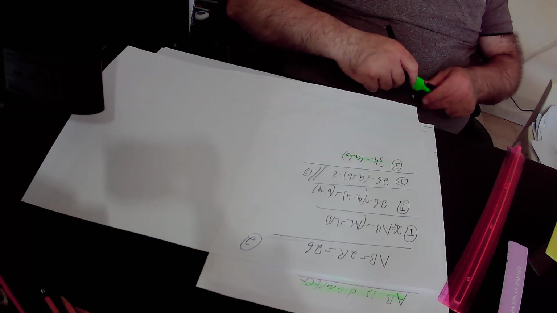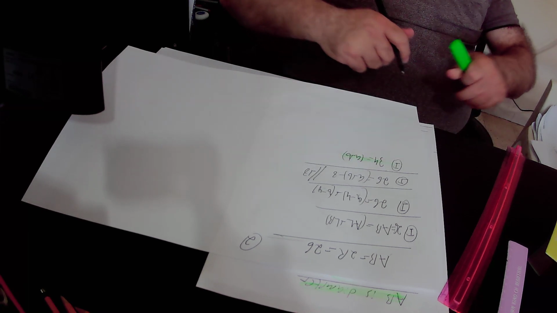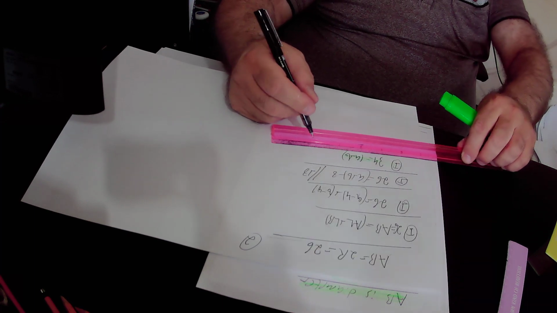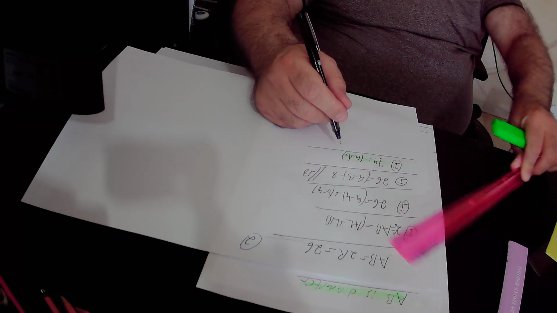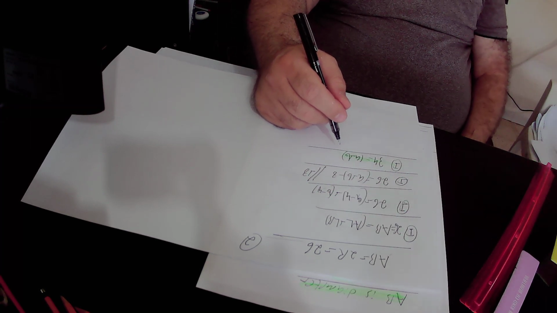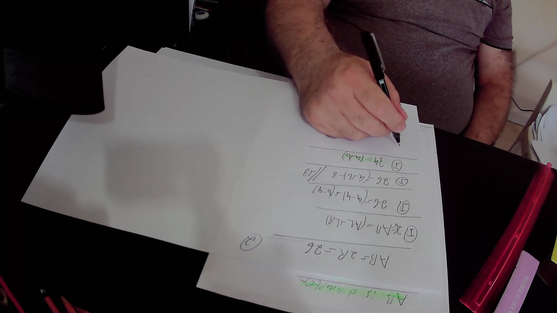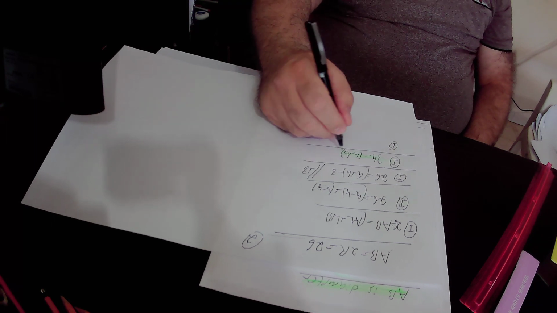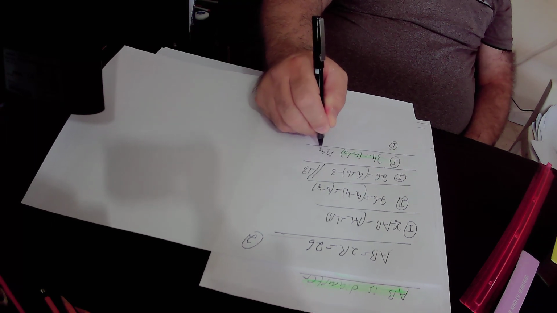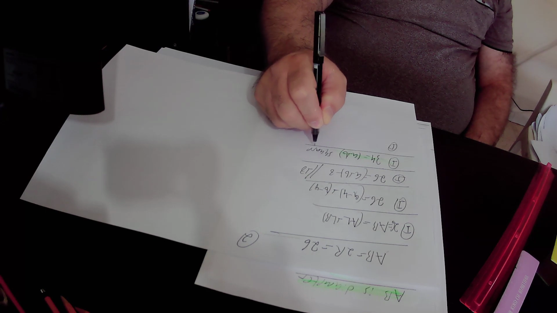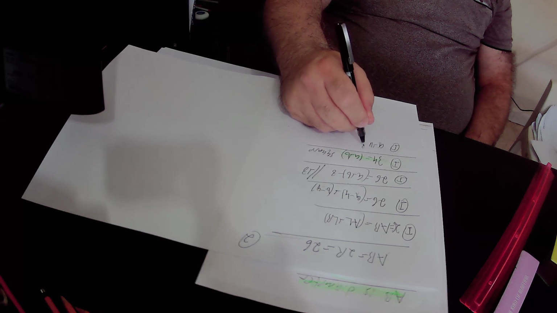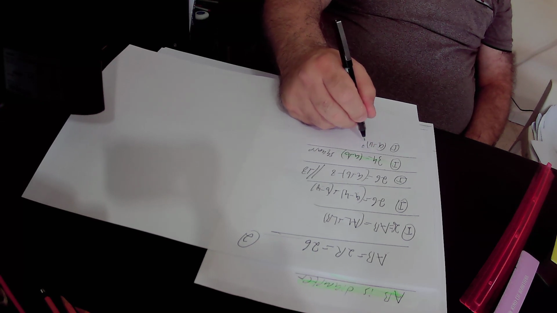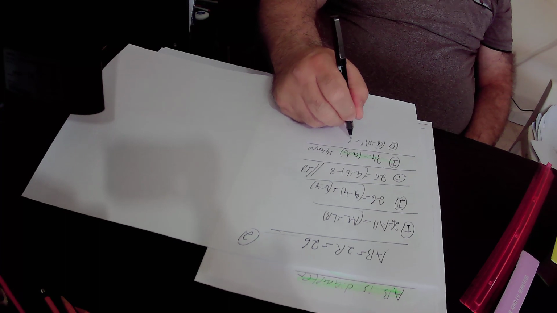So here we will square both sides of equation number 1, and we will get that A plus B squared equals 34 squared.